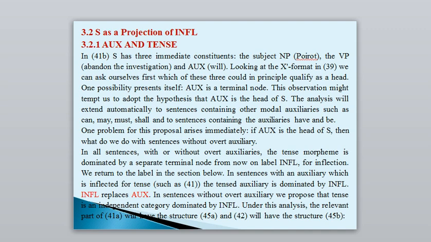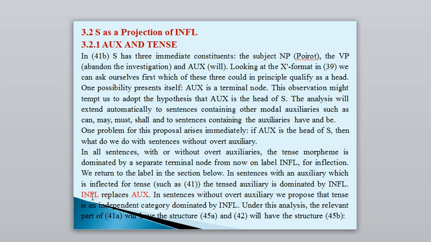In all sentences, we can solve this problem by this definition. In all sentences, with or without an overt auxiliary, the tense morpheme is dominated by a separate terminal node, from now on labeled inflection. From now on we can use the word inflection instead of auxiliary.